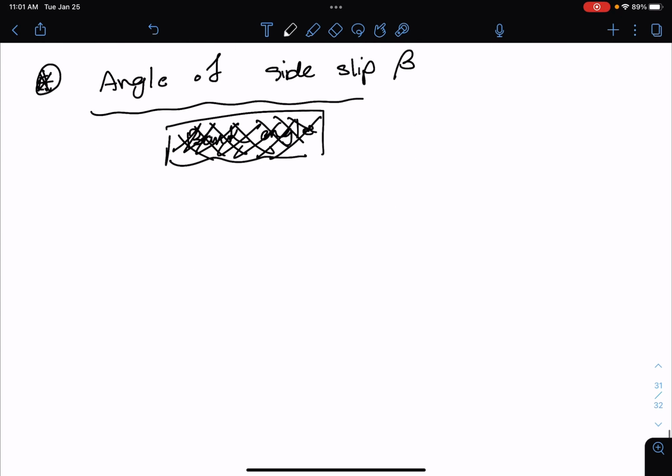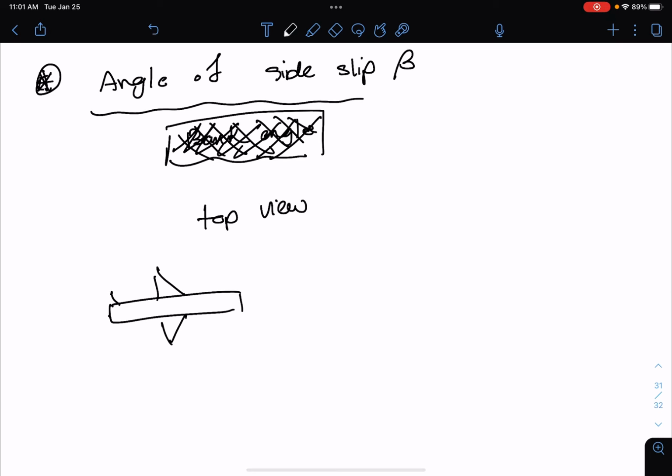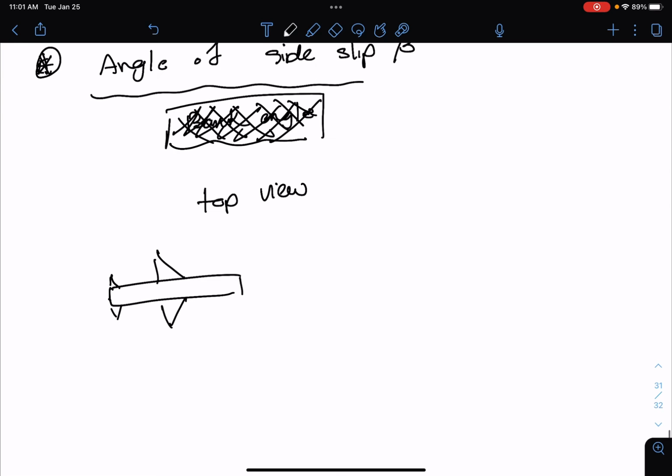This comes into play when you have a wind gust, right? So essentially the direction of the air is going to be different than the plane of symmetry of the aircraft. Let's have a top view of it. This is a top view of the aircraft. Let's say you are moving in this direction.